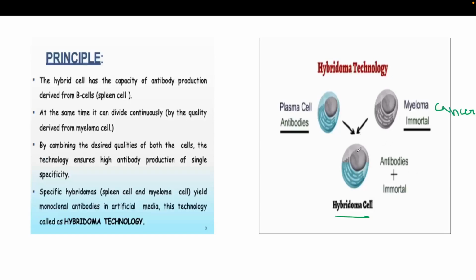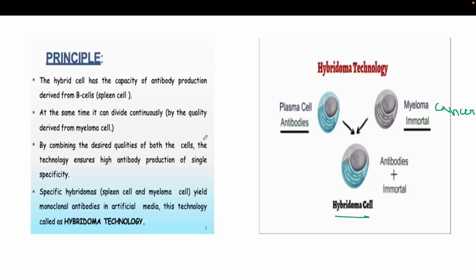So the hybrid cell has the capacity of antibody production derived from the B cell. At the same time, it can divide continuously, a quality derived from the myeloma cell. It can divide for infinite time because it is immortal in nature, and this characteristic comes from the myeloma cell. By combining the desired qualities of both cells, the technology ensures high antibody production of single specificity.